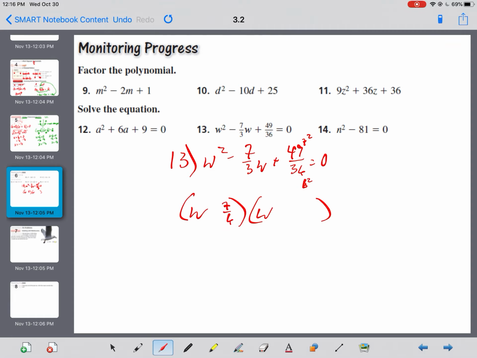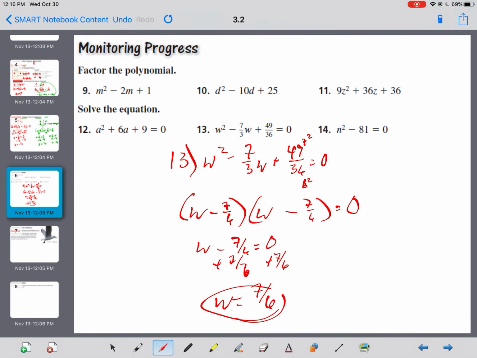Each one gets a 7 over 6. And they're both minus. Still equals 0. Don't forget to bring down your equals 0 part. Set each one equals 0. It's the same thing, so I'm just going to do it once. Add the 7/6 over. w equals 7/6. Boom.